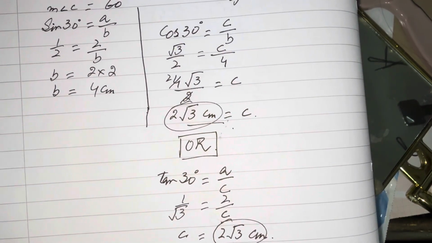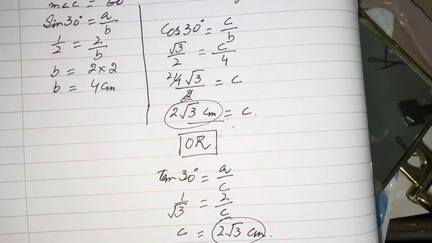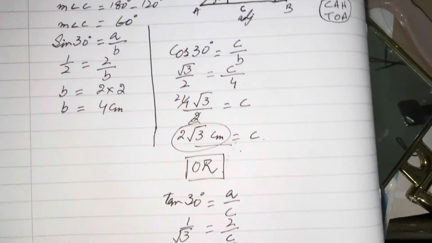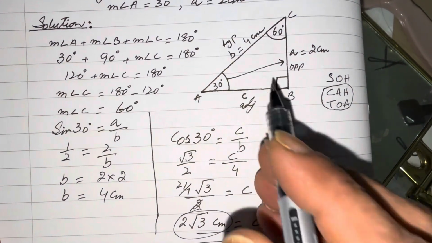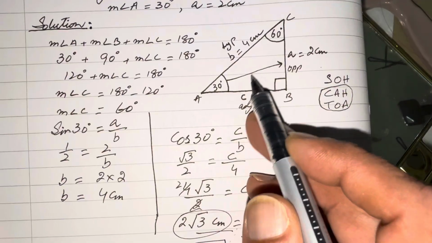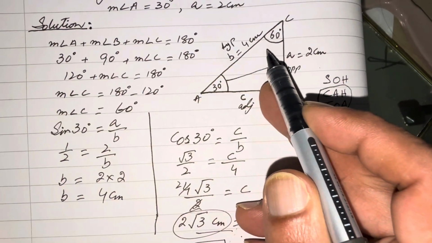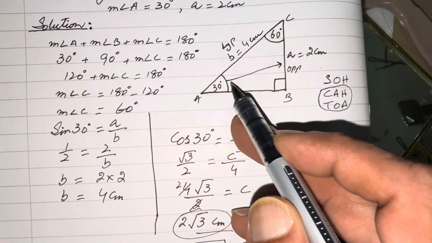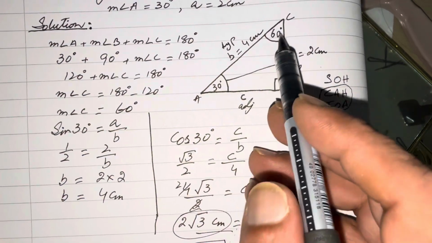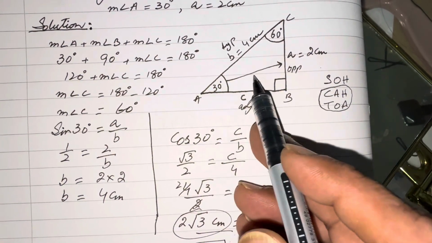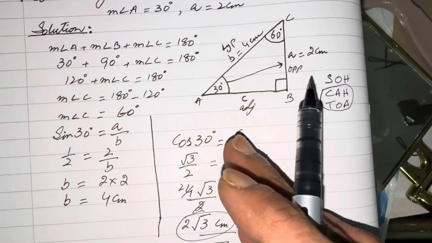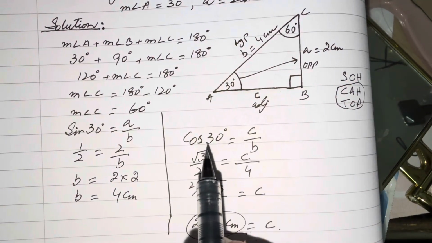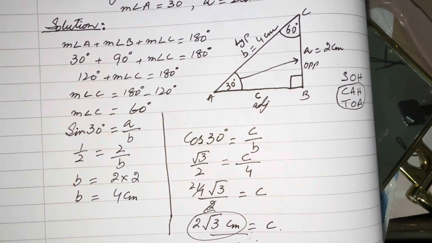That is called the solution of a triangle. We have found the lengths of the sides and the angles of the right angle triangle.